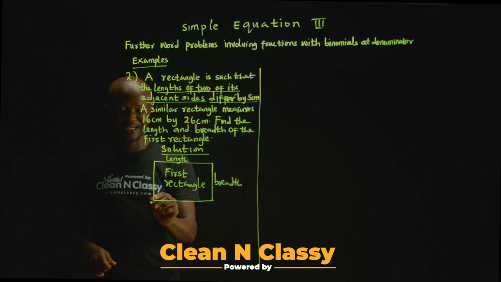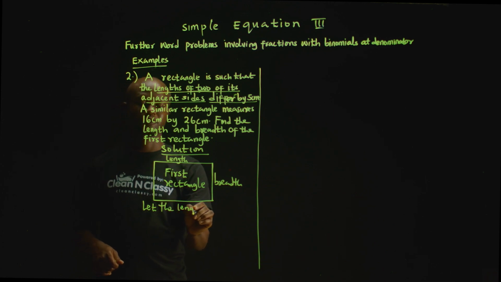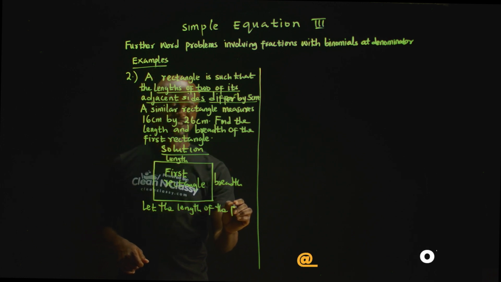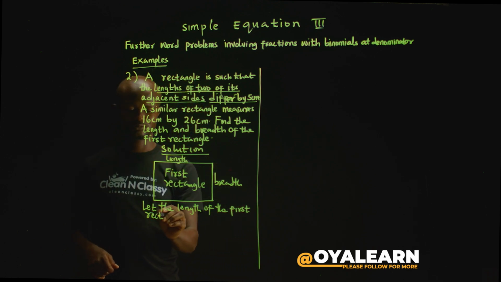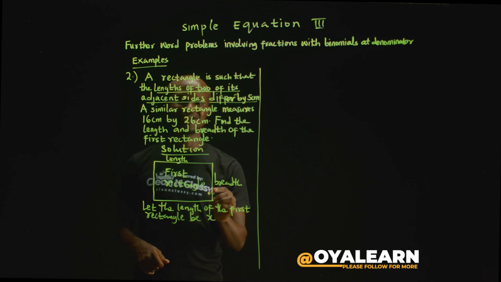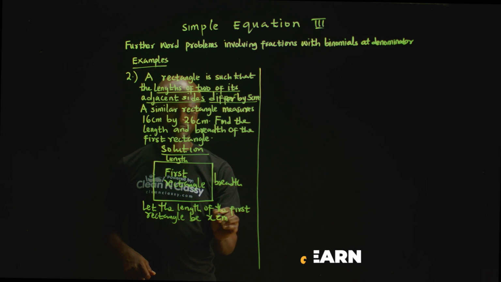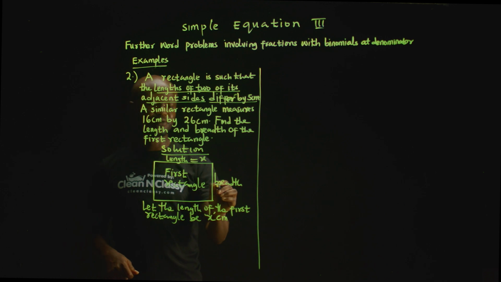So we can say let the length of the first rectangle be x centimeter. If the length of the first rectangle is x, then what's going to be the breadth?